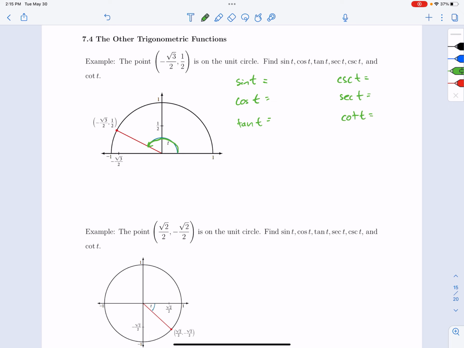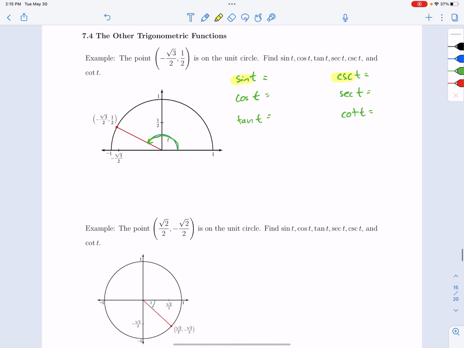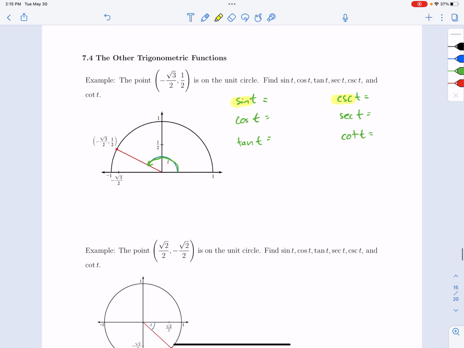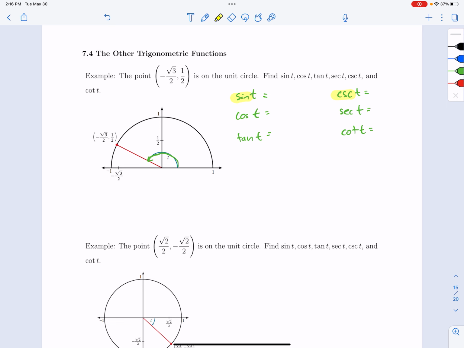The reason I've written them like this is because sine and cosecant are reciprocals of each other, so those ones kind of go together. Cosine and secant are reciprocals, and tangent and cotangent are reciprocals. So if we can figure out what's going on in this left column, the right column comes to us pretty easily.